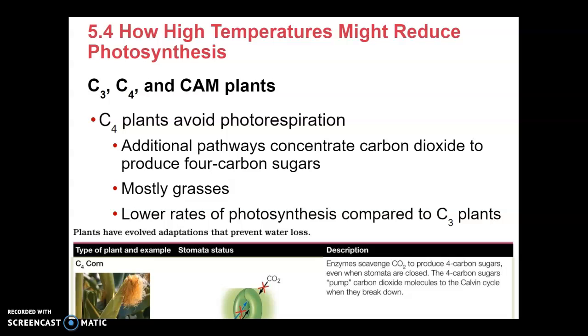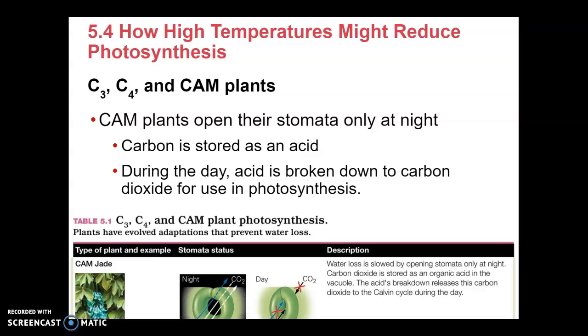So that's how C4 works a little bit differently. But there's one more way that plants can do this. Some plants, especially in dry, arid environments, use CAM as a strategy of separating based on time when certain processes take place.